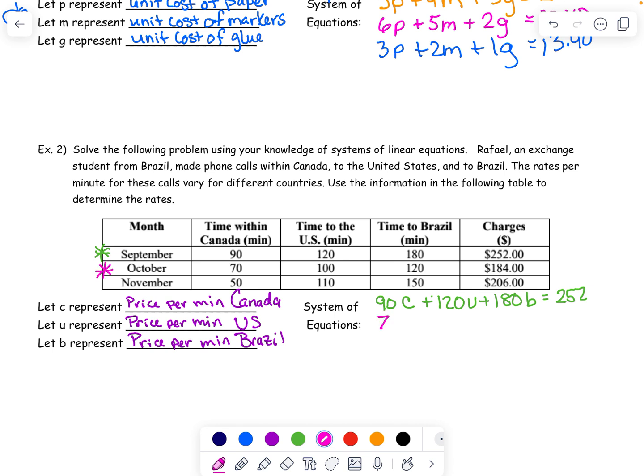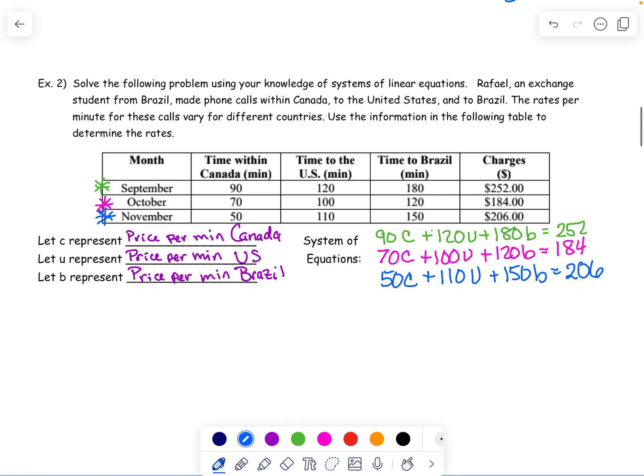And then we did October, which had 70 of these, 100 of the United States minutes, and 120 of the Brazil minutes, and altogether cost $184. And lastly, we had November, and they did 50 minutes to Canada, 110 minutes to the United States, and 150 minutes to Brazil, and that cost $206.